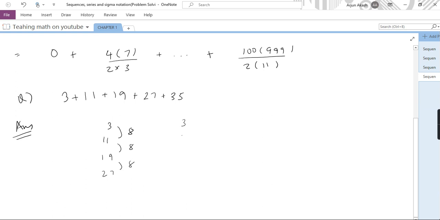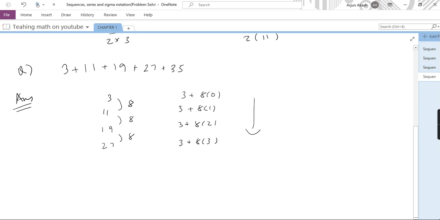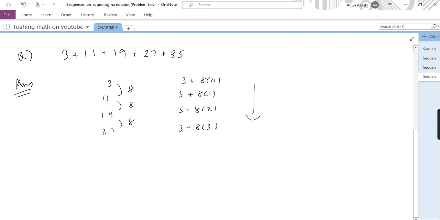So it's 3 plus 8 times 1, 3 plus 8 times 2, and 3 plus 8 times 3. So this is how the pattern goes down, right? And this can be written as 3 plus 8 times 0. So yeah, this is how the thing goes, and this is pretty easy to figure out, right?